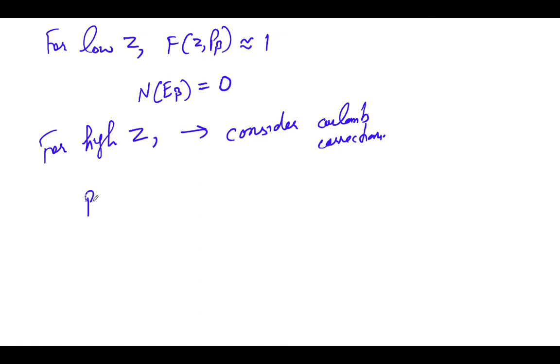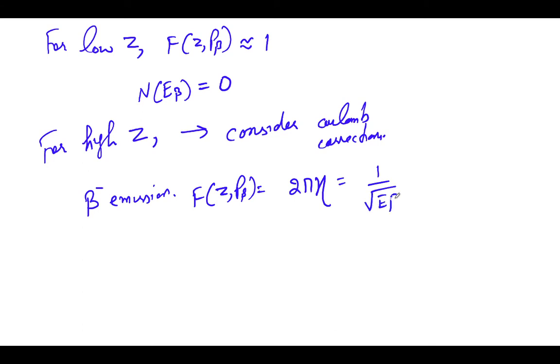So for beta minus emission, this Fermi function becomes 2 pi eta, that is equal to 1 over under root of E beta.